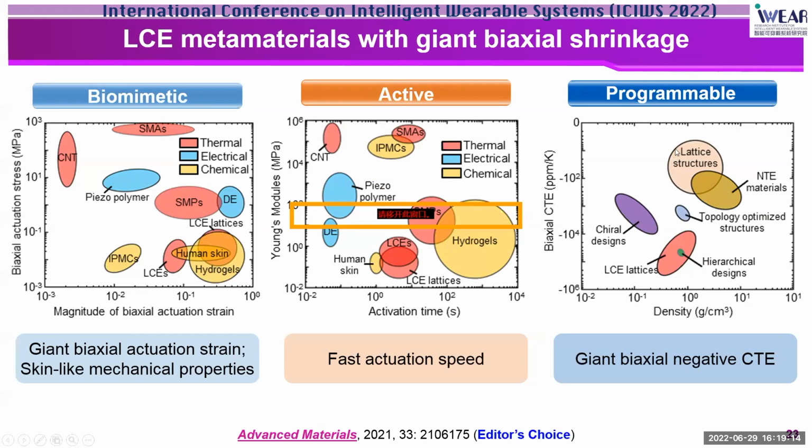As you can see from the rightmost image, which is all based on experimental measurements, our LCE lattices offer the largest value of effective biaxial CTE, which is around 33,000 ppm per Kelvin. And this value is more than 5 times larger than the values reported previously.